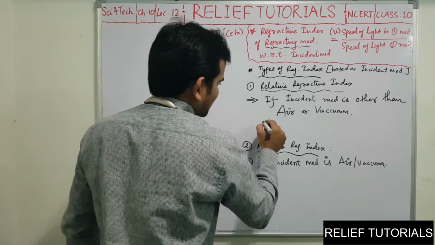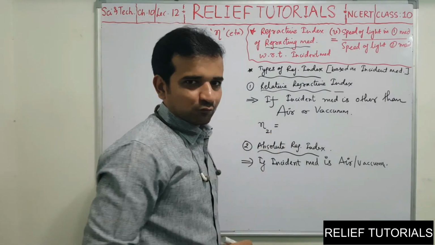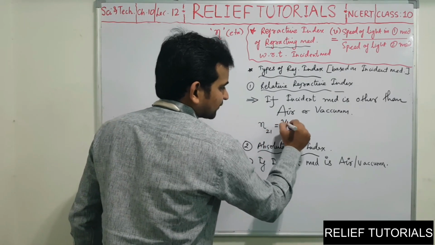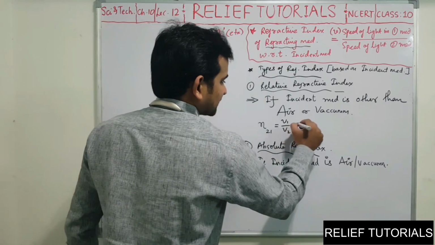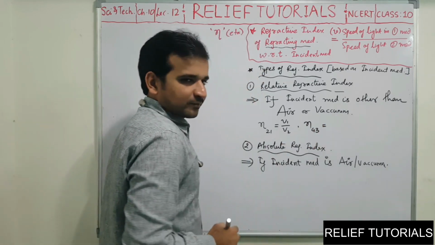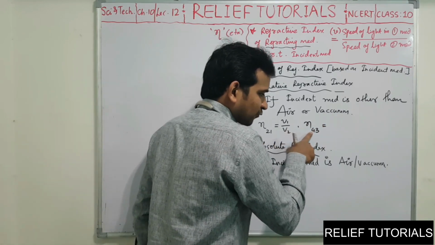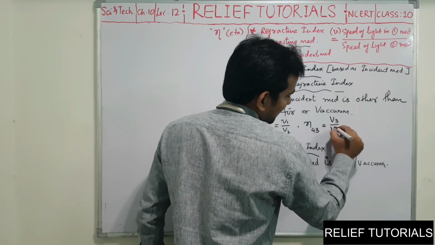If I ask you the formula of eta 21, eta 21 would be V1 by V2 according to this formula. If I ask you eta 43, the refractive index of medium number 4 with respect to 3, the formula would be V3 by V4.